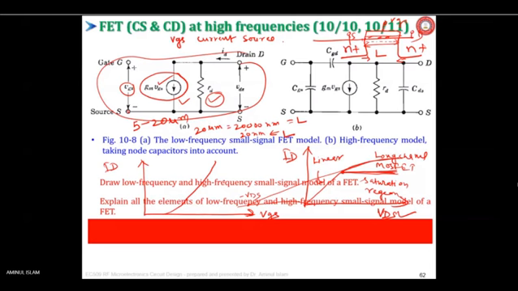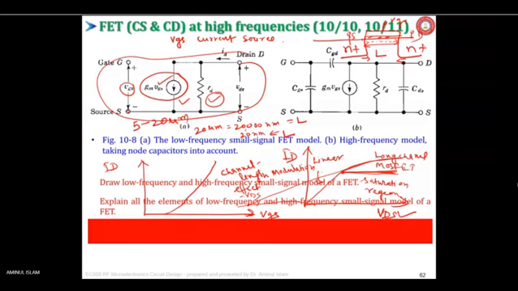Earlier in the BJT it was the early effect, and now it is also called the early effect, but it is termed as channel length modulation. Why channel length modulation?